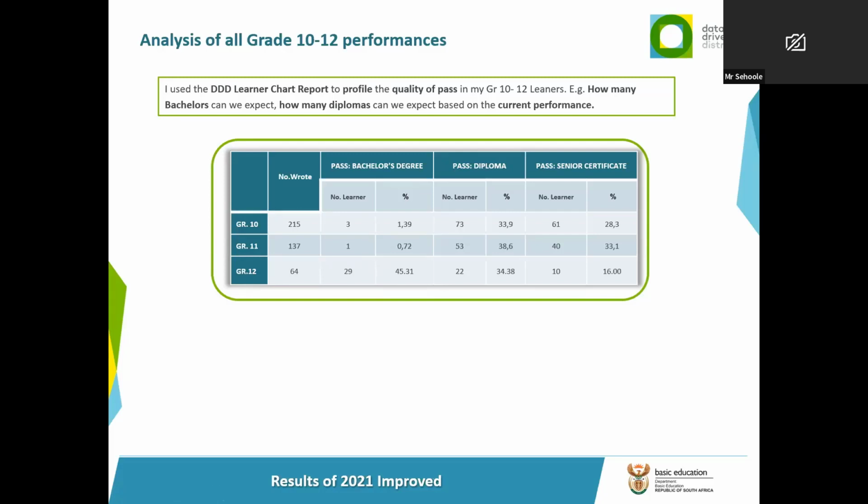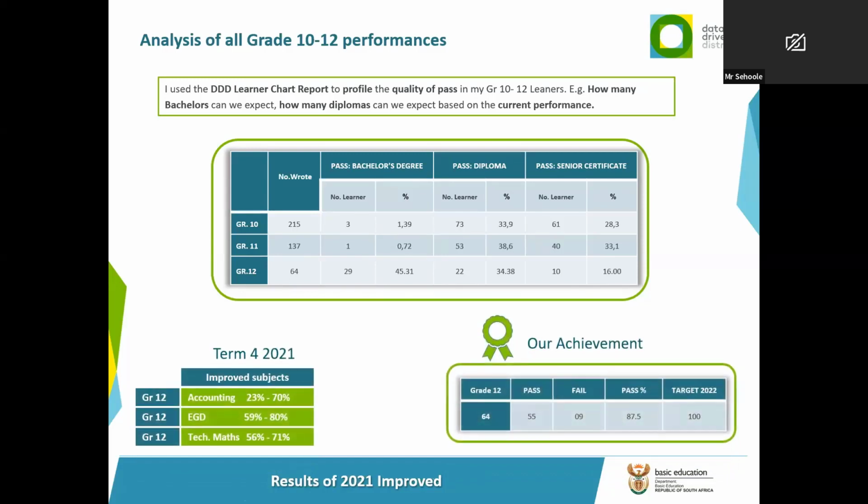Diplomas, 22 learners at 34.8%, and then senior certificate 10 at 16%. So the DDD Dashboard Learner Chart Report assisted me to do all this planning. But in 2020, we included all the grades, as you will see when I project some other slides.